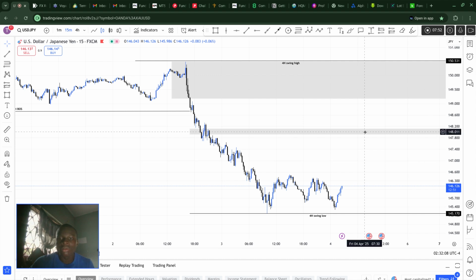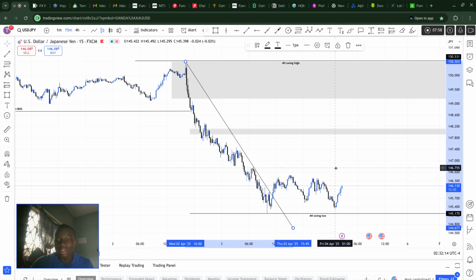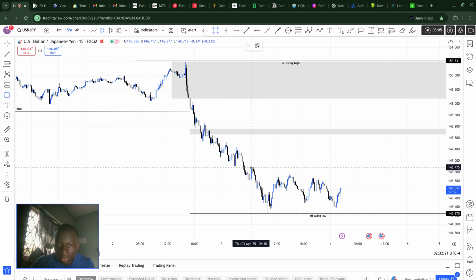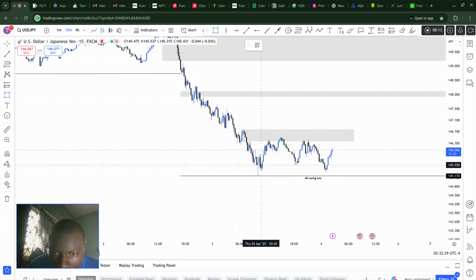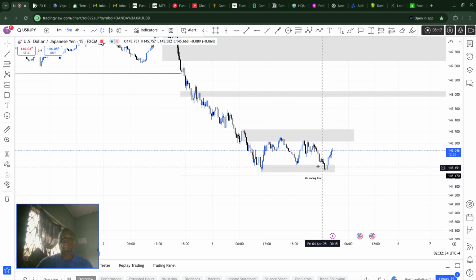Now you see we are done with the trend, to me, because you can see this. Now we're consolidating. The market has probably come back to this point here, of resistance, or support here.